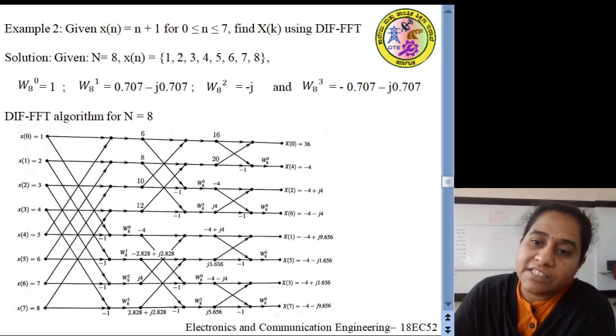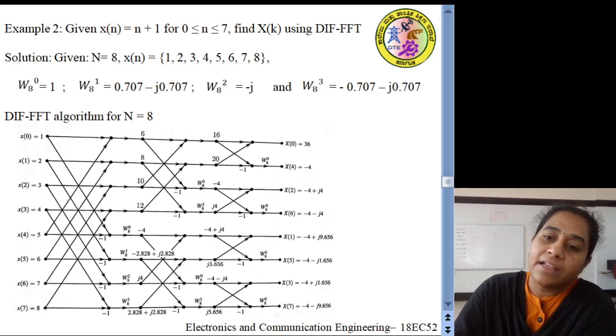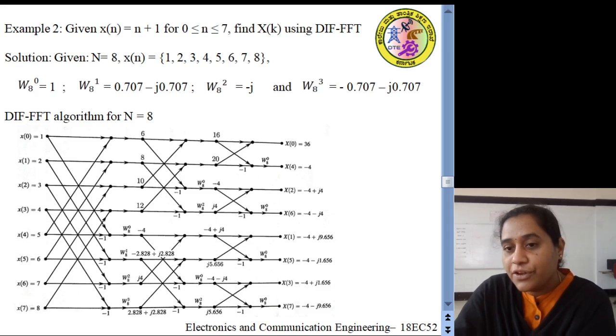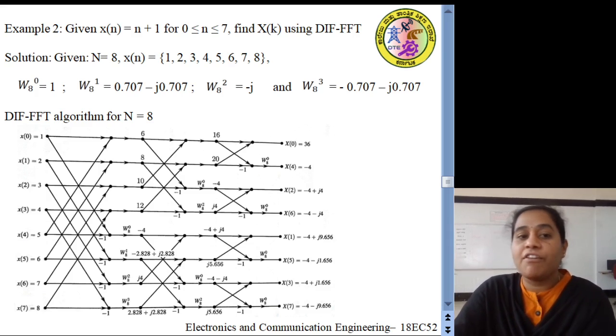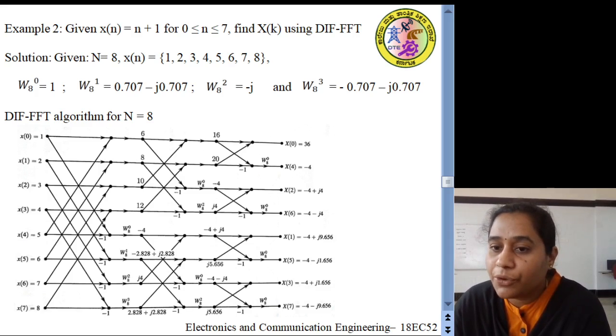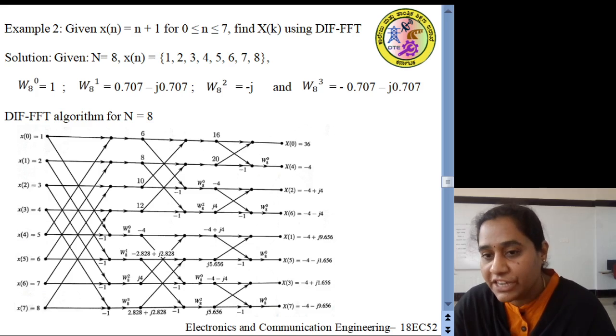After accepting these inputs and calculating, the outputs are the 8-point DFTs of the corresponding time domain samples x of n. That is X of 0 is equal to 36, X of 4 is equal to minus 4. X of 2 is equal to minus 4 plus j4.